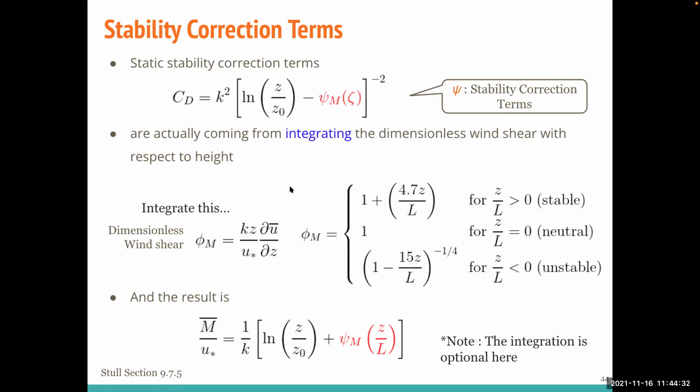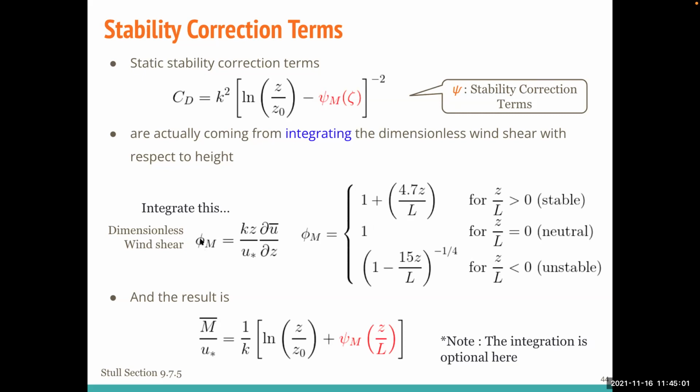So how do we move forward from here? We actually do integration. We integrate your dimensionless wind shear over height. You don't have to do the integration yourself, but this is how we arrive at the result. We put this partial z over on the left-hand side, and then we do integration. Of course, we perform the integration over this also, because it's changing with height.